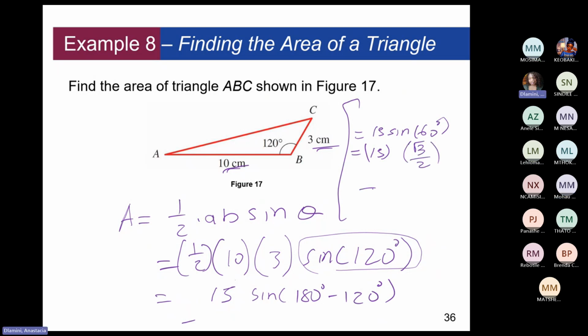So I think we can leave it like this. We can just say 15 root 3 over 2, because I don't want you to use calculators. So we can leave it like that.